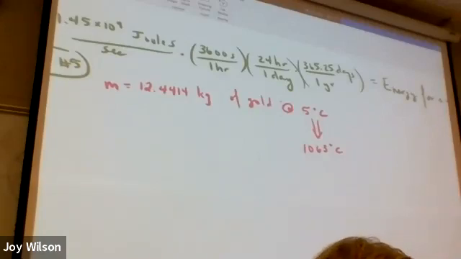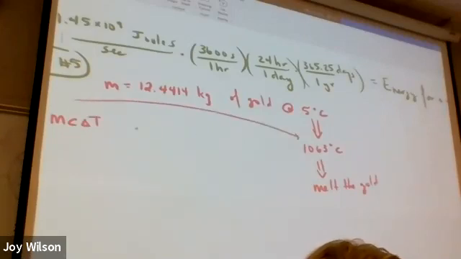Then what do we have to do? Then we're going to melt the gold. So our formula will be heat the gold up plus melt the gold.